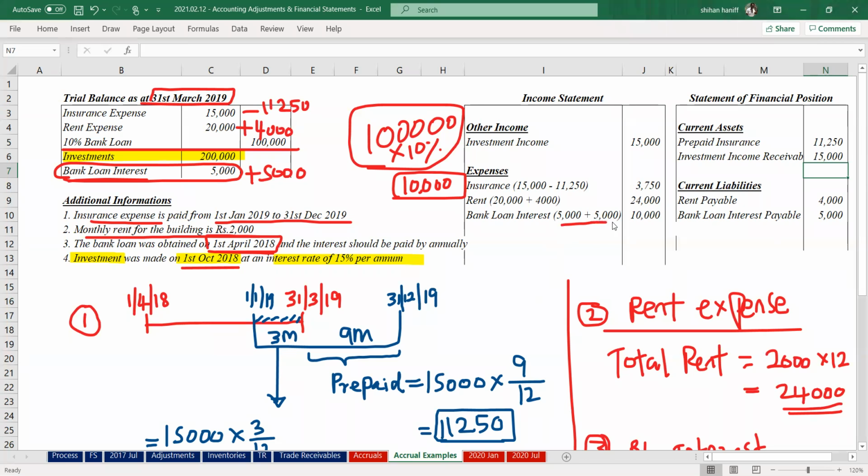Therefore, in the income statement you will have 10,000: 5,000 paid plus 5,000 payable. And the payable amount we have to take under current liabilities. Is it clear? This is a very important adjustment.